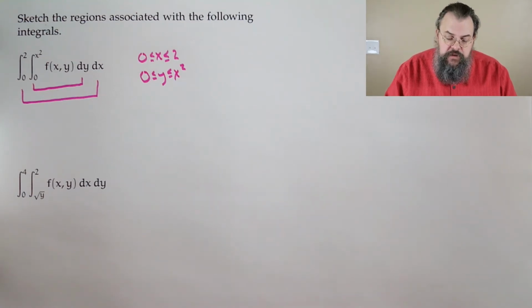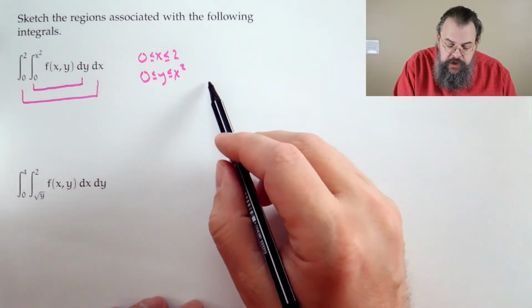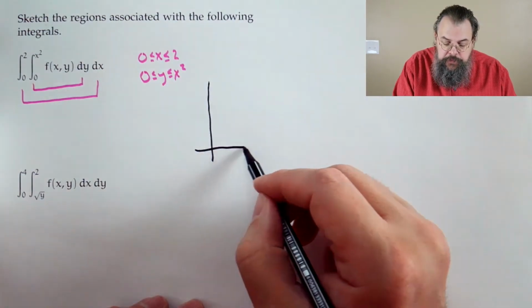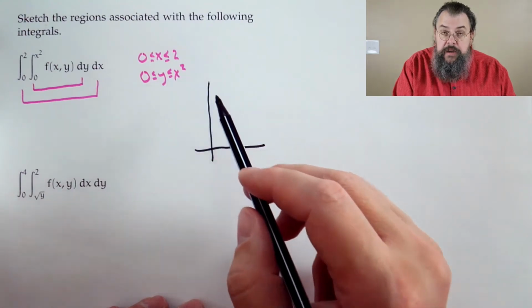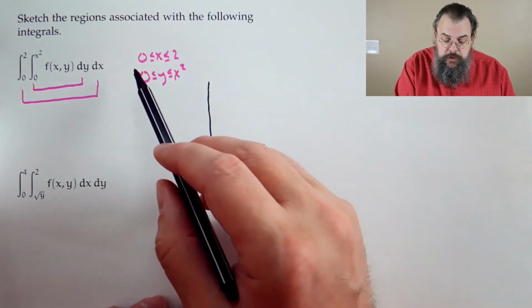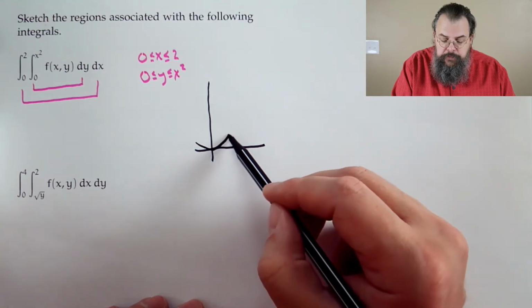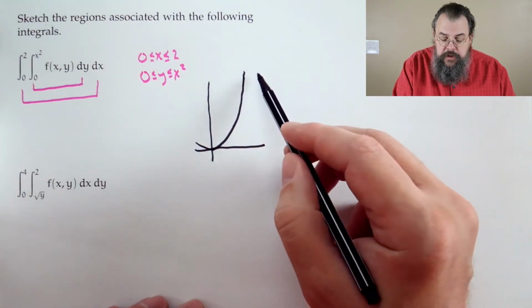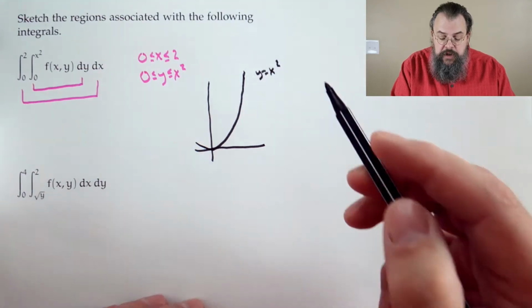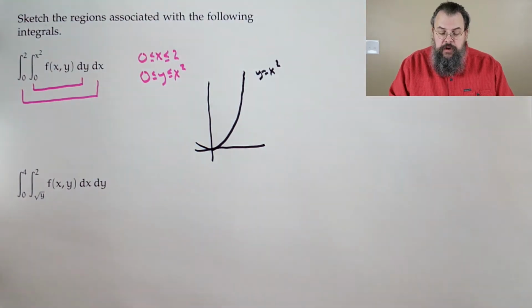Now that's not a sketch, but it's describing our region by inequalities. So the next thing to do is do our quick sketch. And what do we see? Well, we see y equals x squared, and we're only going between 0 and 2. Here we go, there's y equals x squared, and we're going x equals 0 to x equals 2.